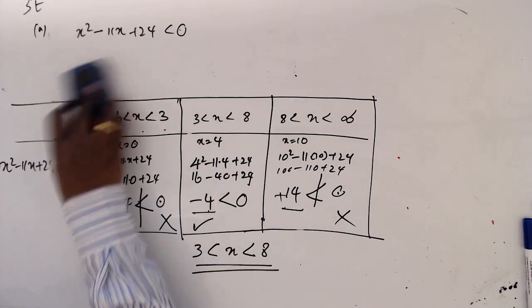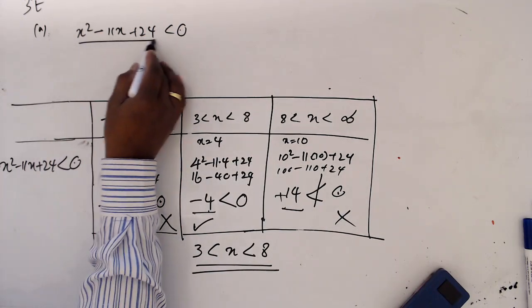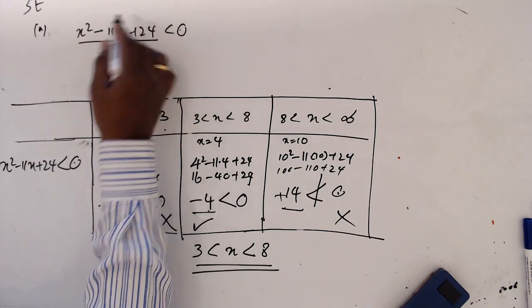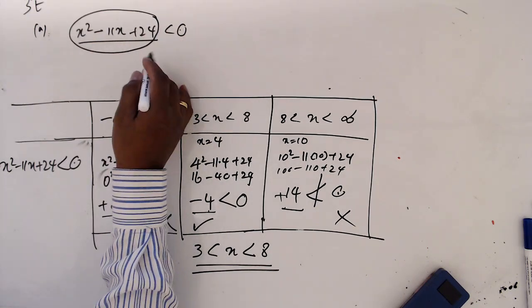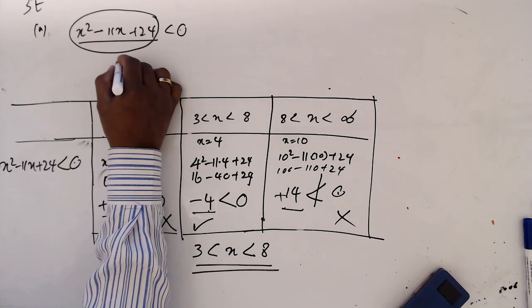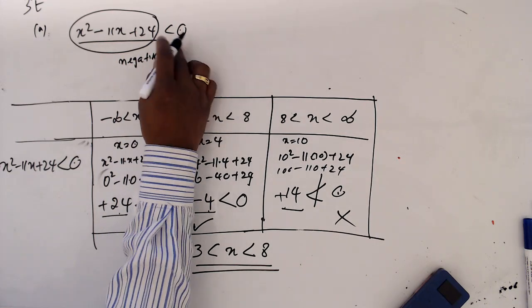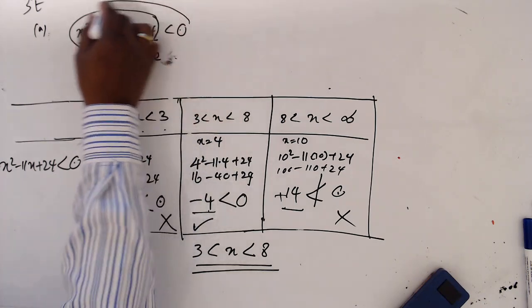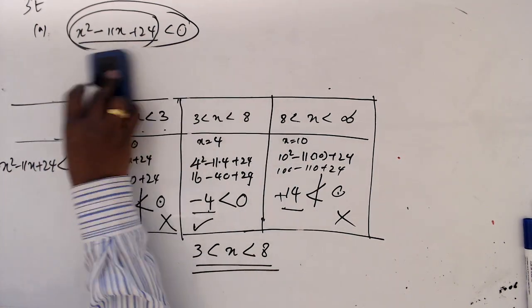So what can you tell about this value? We need to check this part is less than 0. It means we are simply checking whether this is negative.